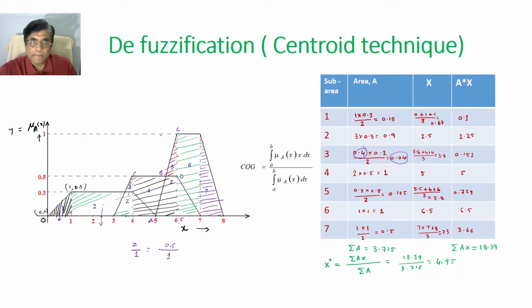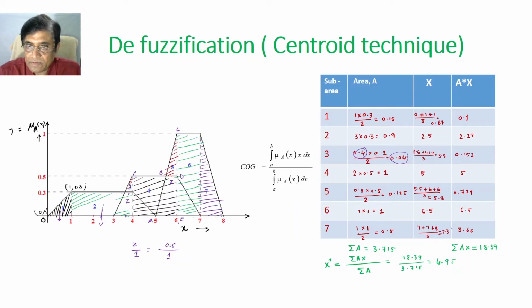Okay, and this area 1 into 1, this is, and 6.5 is the centroid. So, and then last one, this triangle, okay, half base into altitude, 1, okay, and 7 plus 8, all the x coordinates of these points divided by 3, 7.3.